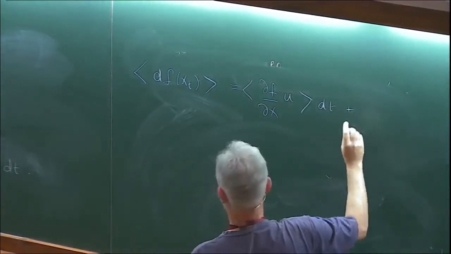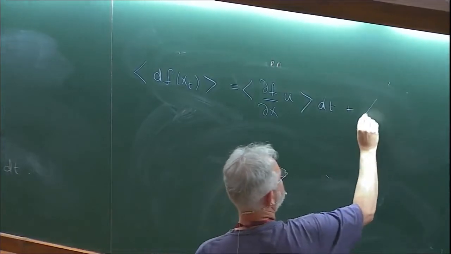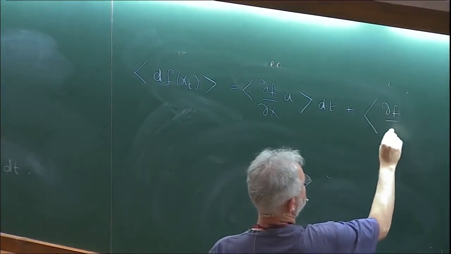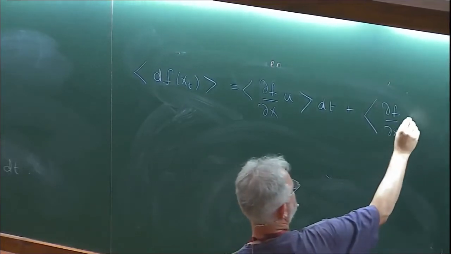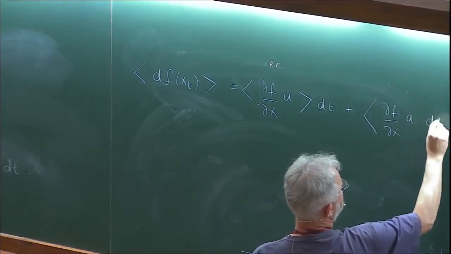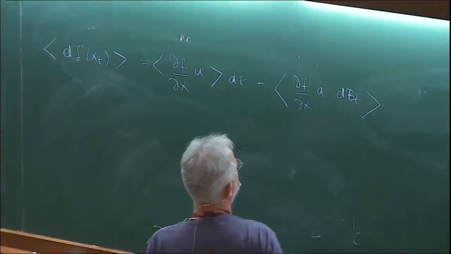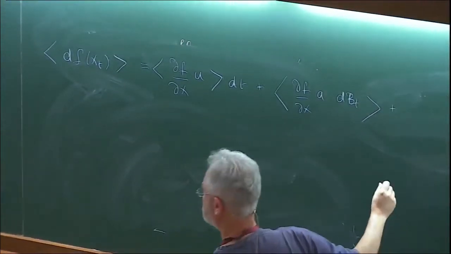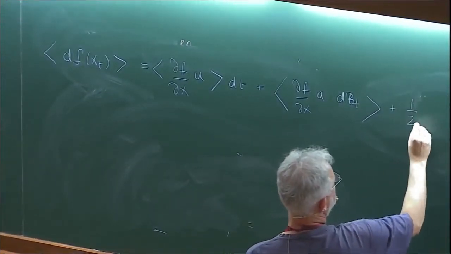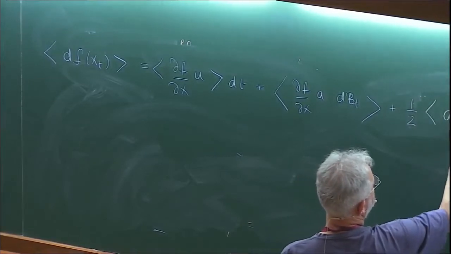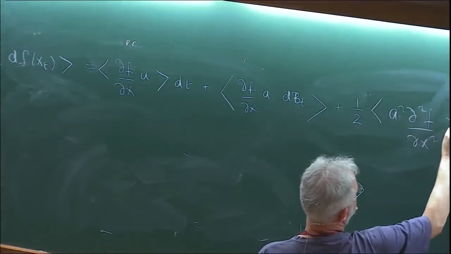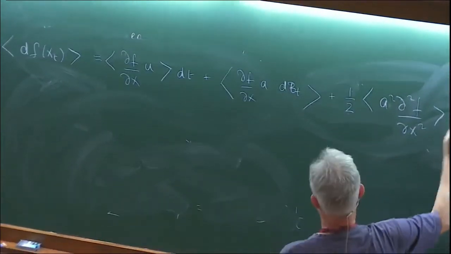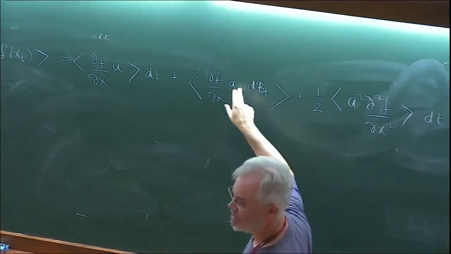And then this second term, plus dB of t, and that's times dt. But the point is that this depends on x of t.